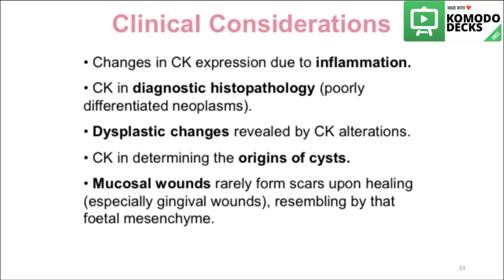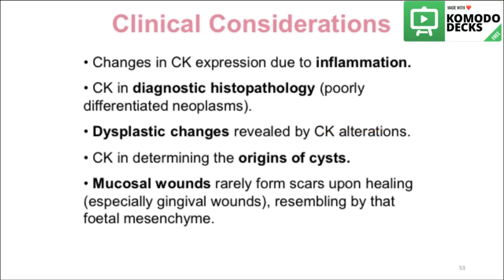Finally is the most interesting part for me, which is the clinical considerations. Now, any change in the cytokeratin levels of the oral mucosal epithelial cells can be due to an inflammation, to a diagnostic histopathology, for example, neoplasms, it can indicate dysplastic changes, and it can determine the origin of the cysts.